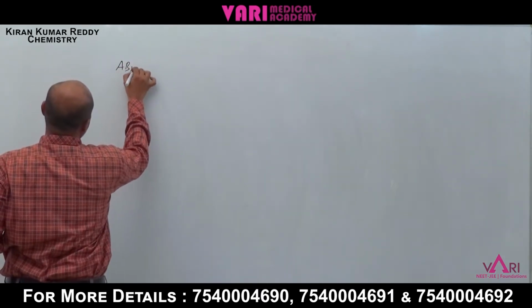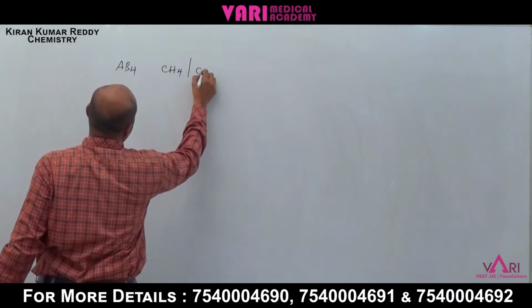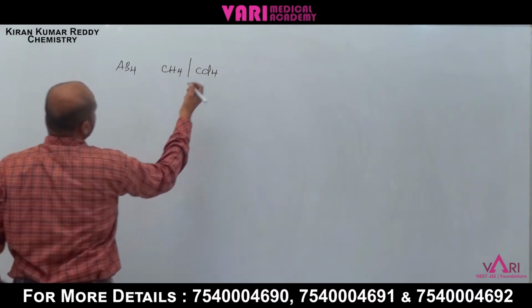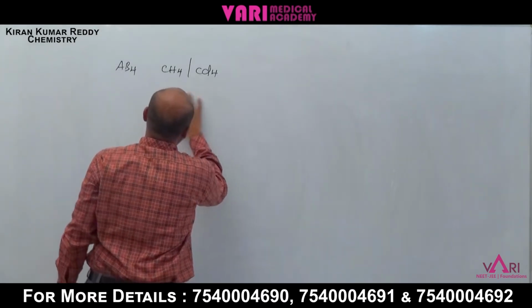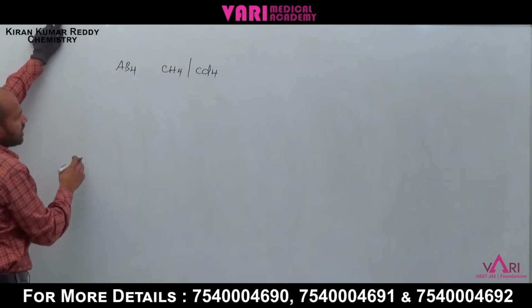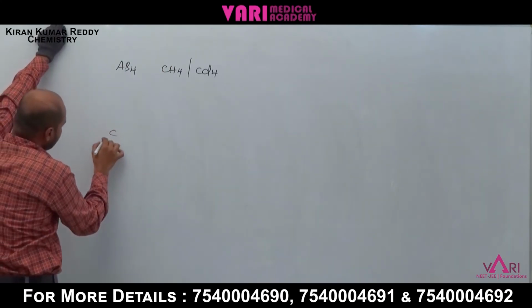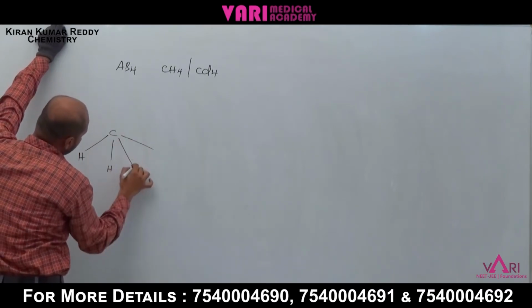AB4. Now I am taking AB4, methane and CCl4, carbon tetrachloride. We can discuss methane and CCl4. In this methane, hydrogen, hydrogen, here also hydrogen, hydrogen.